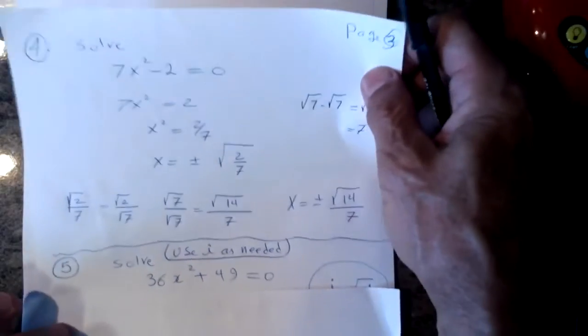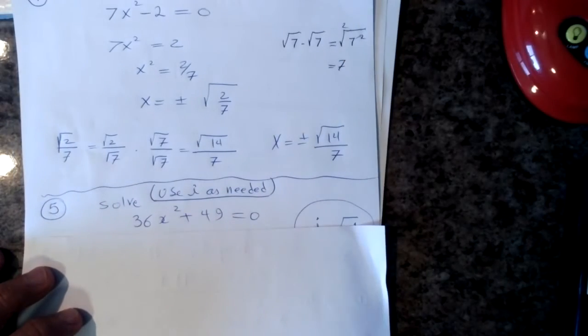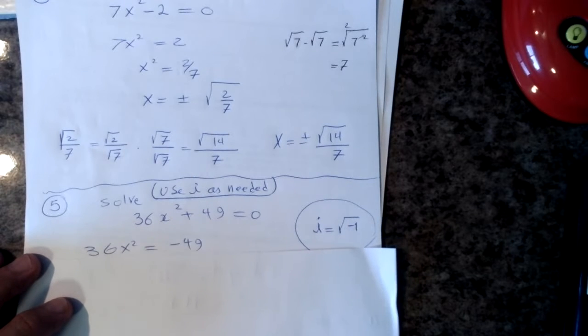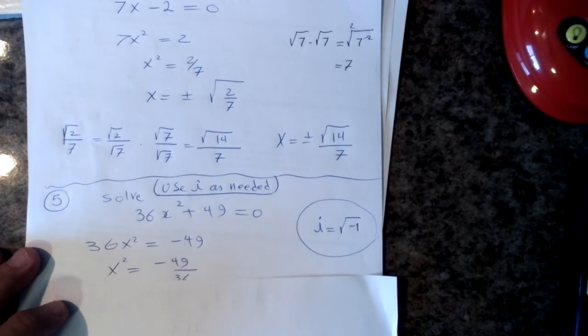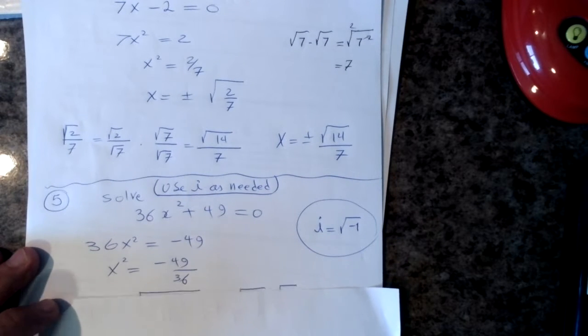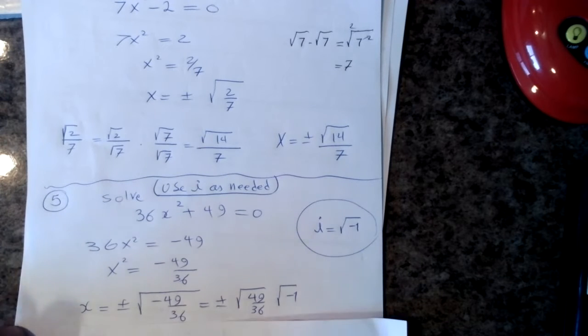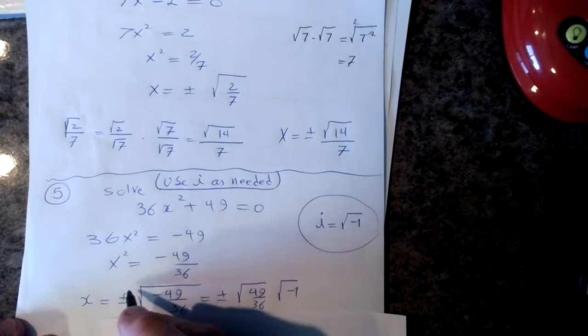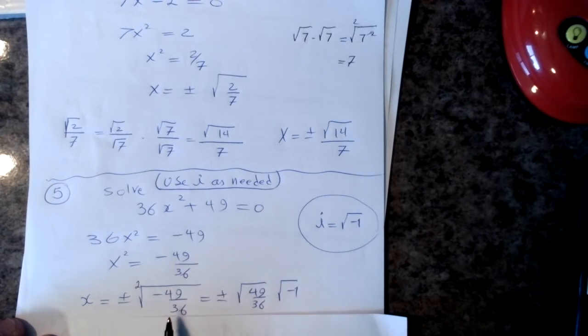Now in this one, again, we have to take 49 to the other side. Divide both sides. Now, when you take the square root of both sides, you have a negative under the radical. Remember, if the power of the radical is even, you cannot have a negative number.